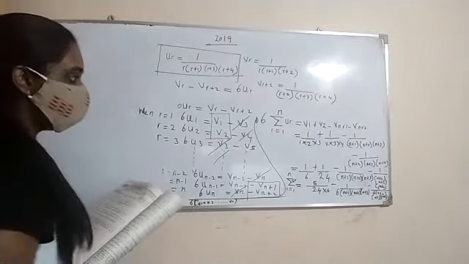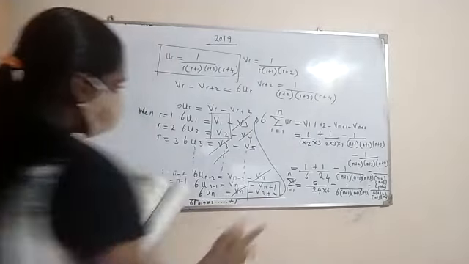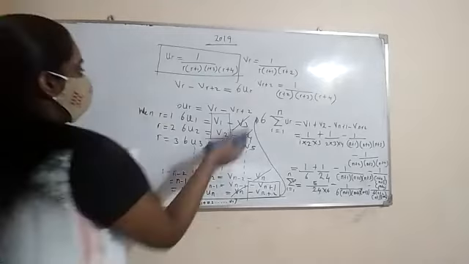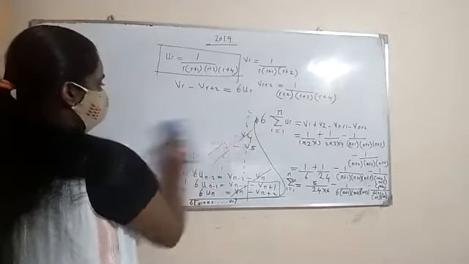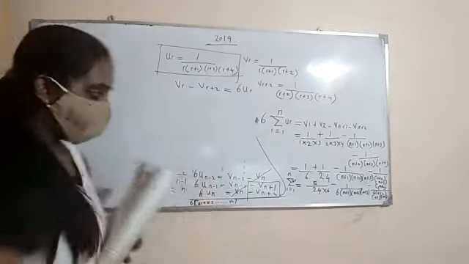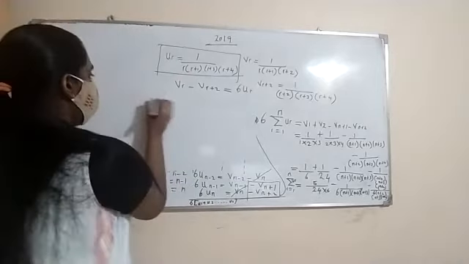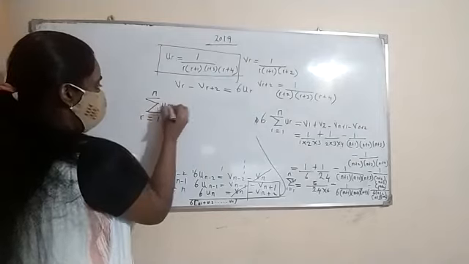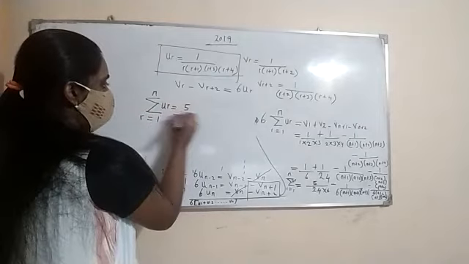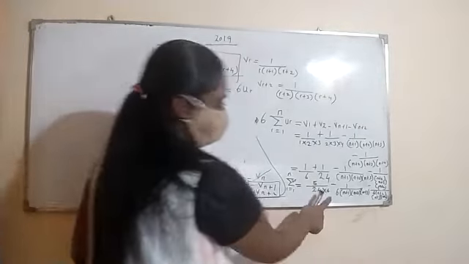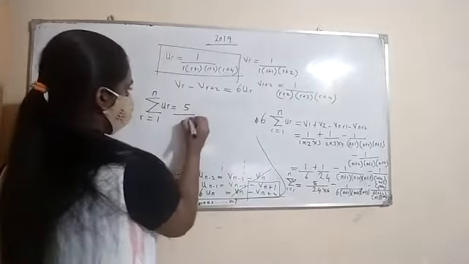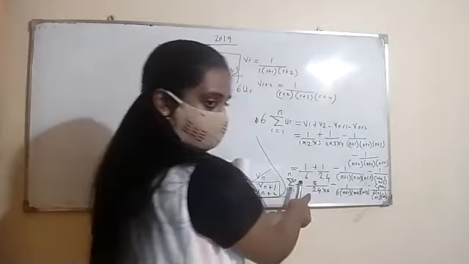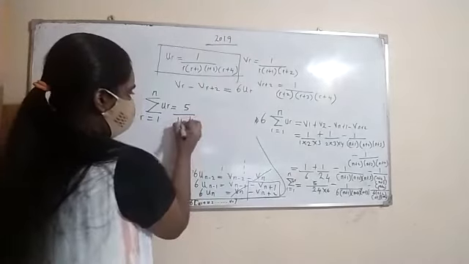So how do you simplify this? I will erase this. When you simplify, sigma R running from 1 to N of U R is equivalent to 5 over 6 into 24, that is 144.